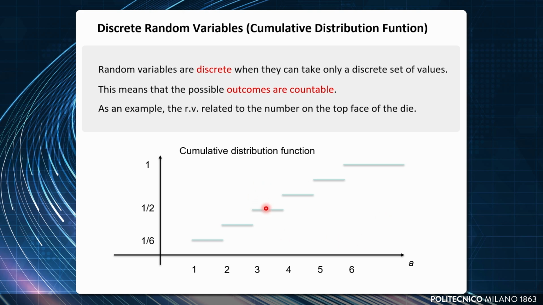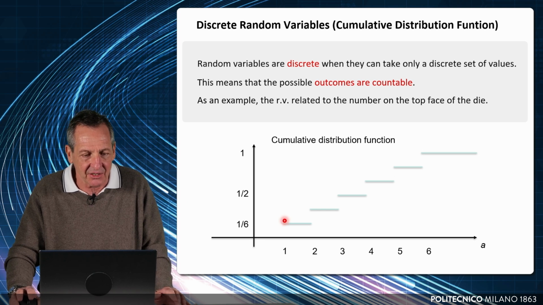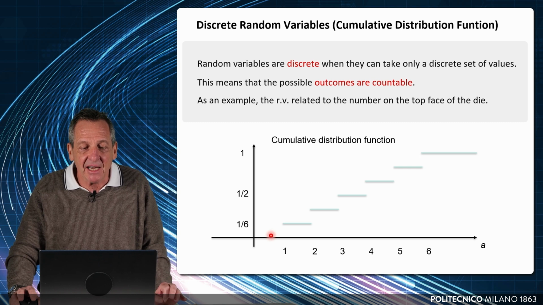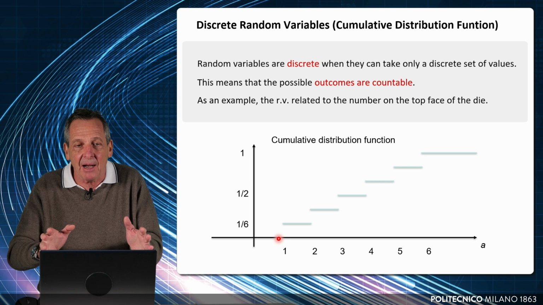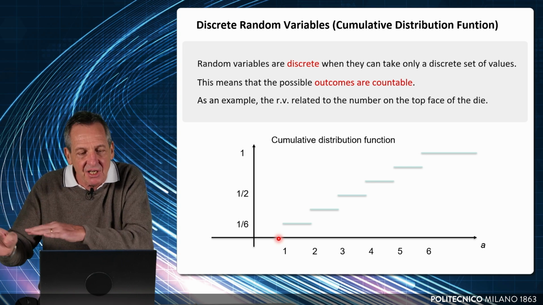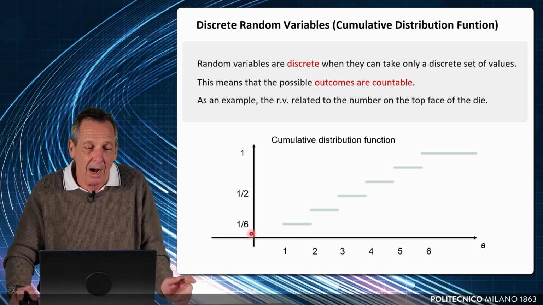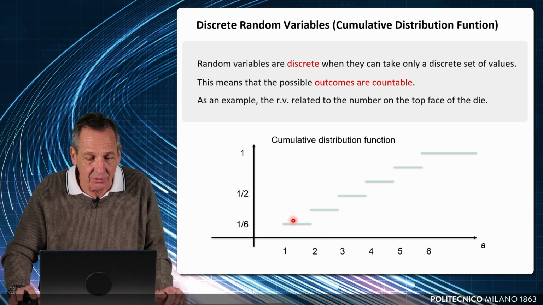Remember the definition of cumulative distribution function. The probability that our random variable is less than 1 is of course 0, because our outcomes start from 1 up to 6. The probability that the random variable x is less than 2, for values from 1 up to 2 excluded, is just 1 over 6, because we have just one result that is successful in our experiment.